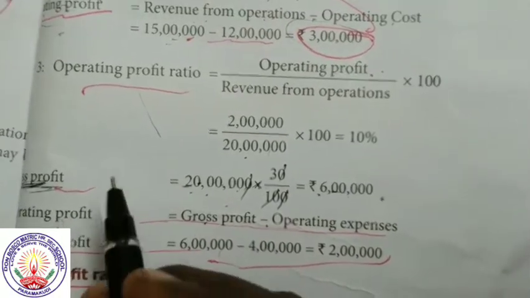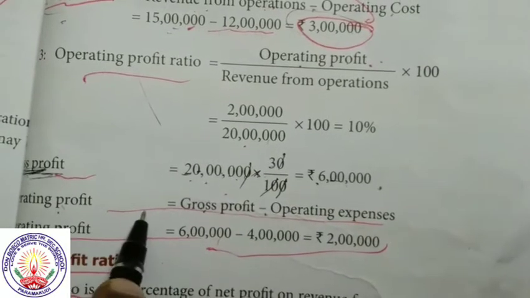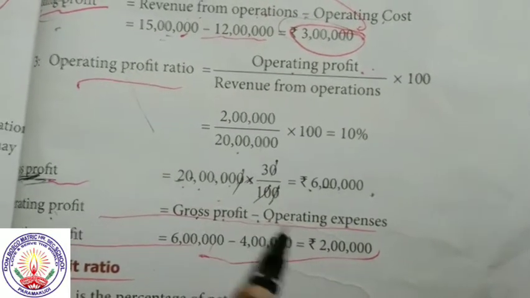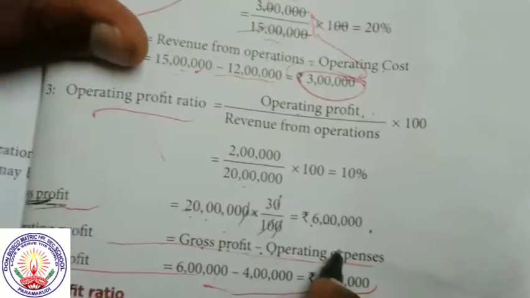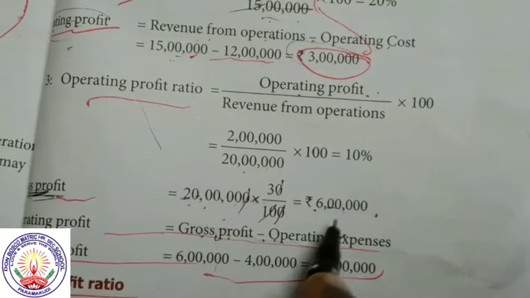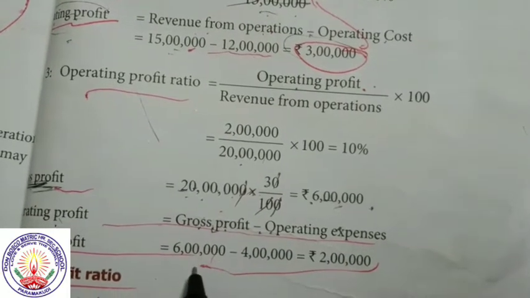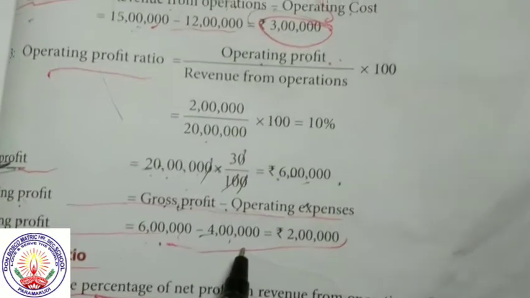Now find the operating profit. Operating profit means gross profit minus operating expense. Only the operating expense is given in the question. Gross profit is 6 lakhs, operating expense is 4 lakhs. 6 lakhs minus 4 lakhs is 2 lakhs.